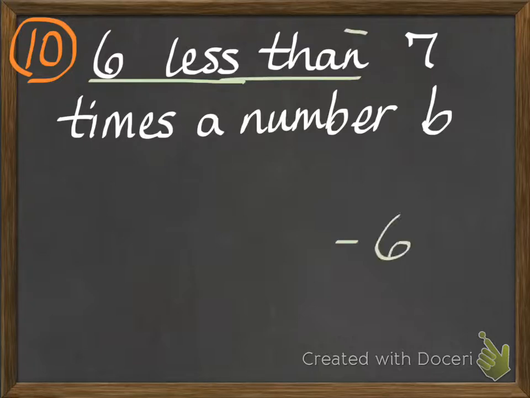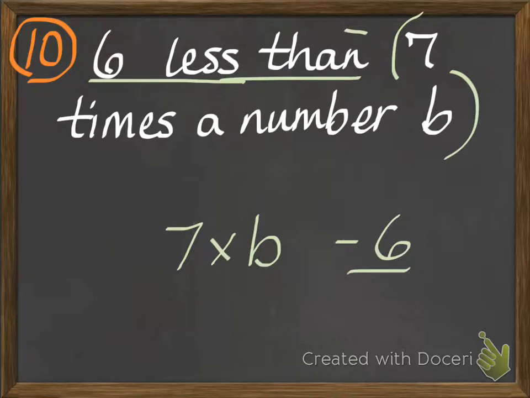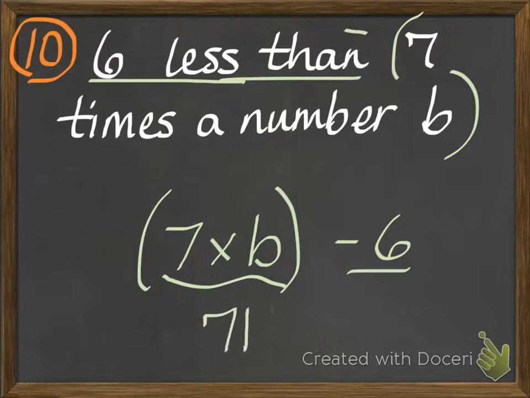I'm going to take away 6 from the rest of the sentence. 7 times a number b. 7 times the number b minus 6 is what the sentence is telling me to do. 6 less than, there's my 6 less than, 7 times the number b. Okay, now so I know that this goes together, I could put parentheses around it. I could also just go ahead and put the letters together without the multiplication symbol, and 7b minus 6.